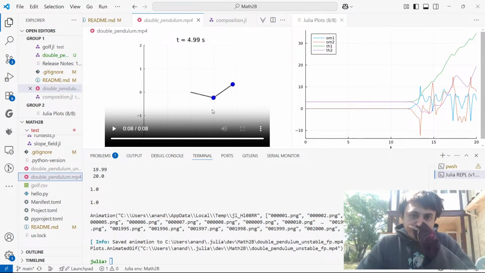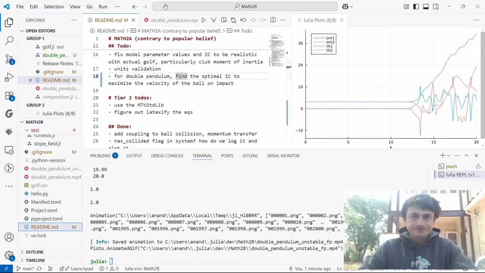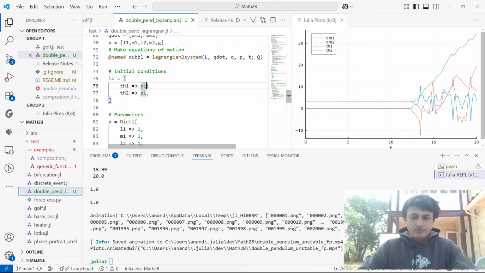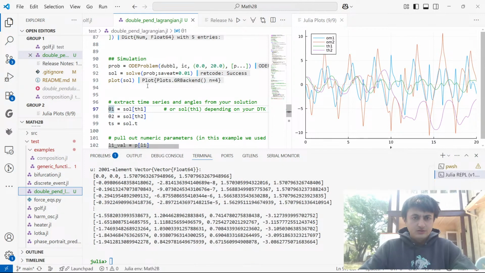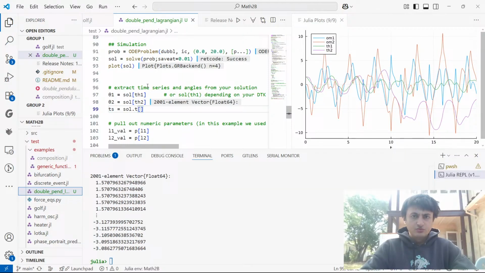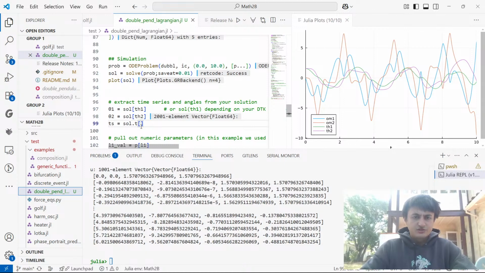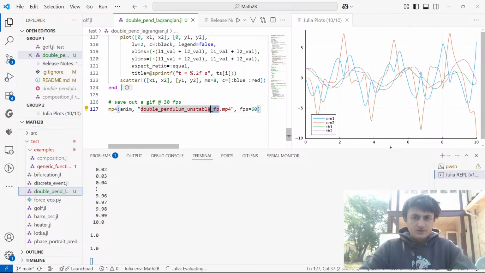So that is a problem, right? But if we were to simulate it with, for example, pi over 2, pi over 2. And let's actually just do 10 seconds. This is going to be 90, 90.